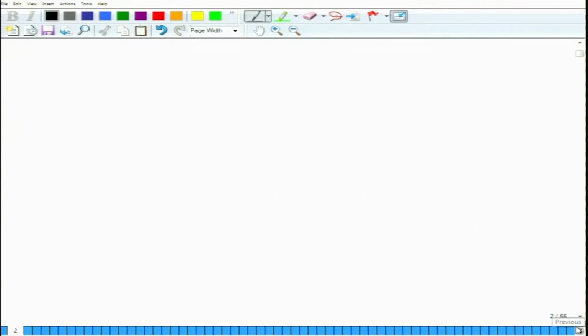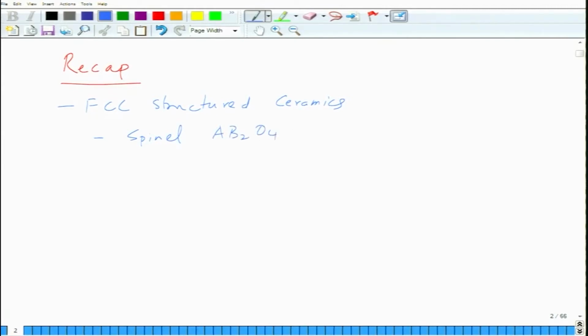Last class we talked about FCC structured ceramics, mostly spinel structures, which are based on AB2O4 kind of compounds.